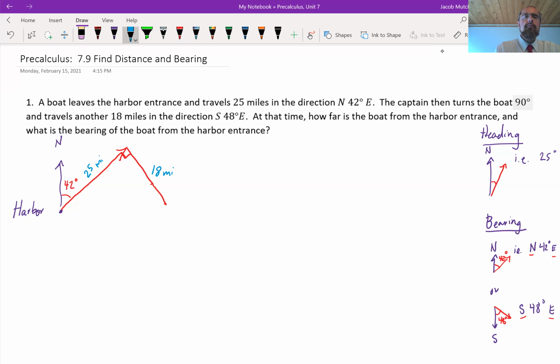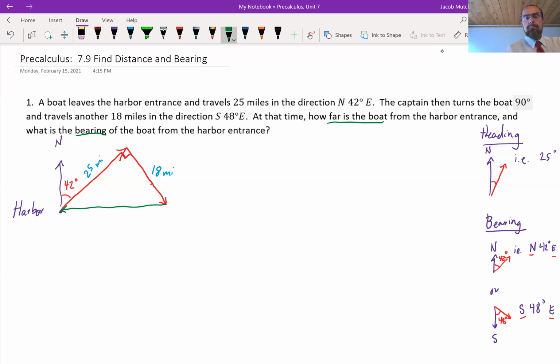What we're trying to find is this untraveled distance between the boat after those two directions and the original point of origin, the harbor. We're trying to do two things: find the bearing of it, and also find how far it is.